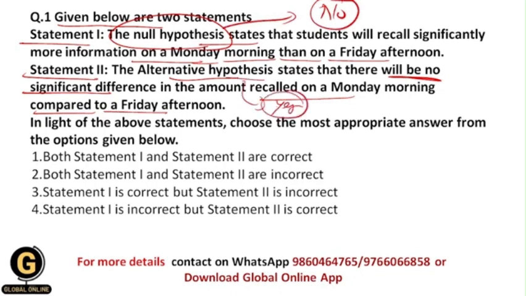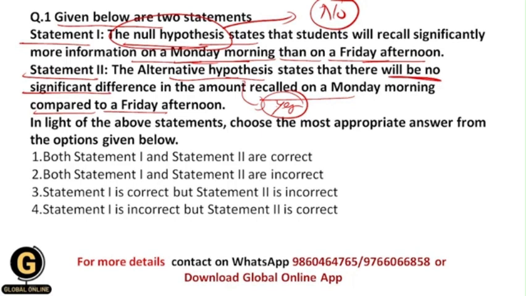But if we read both of these statements, within the null hypothesis part they have mentioned that there is a significant relationship between the information on a Monday morning and on a Friday afternoon. So there is a difference between the information grabbed by the student on a Monday morning and the information grabbed on a Friday afternoon.